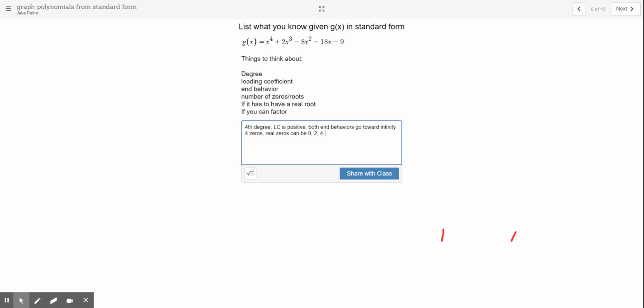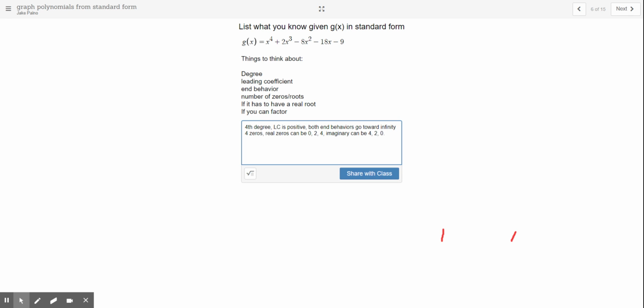The imaginary count is the same: if there's 0 real, then there's 4 imaginary. If there's 2 real, there's going to be 2 imaginary, and if there's 4 real, there's going to be 0 imaginary.